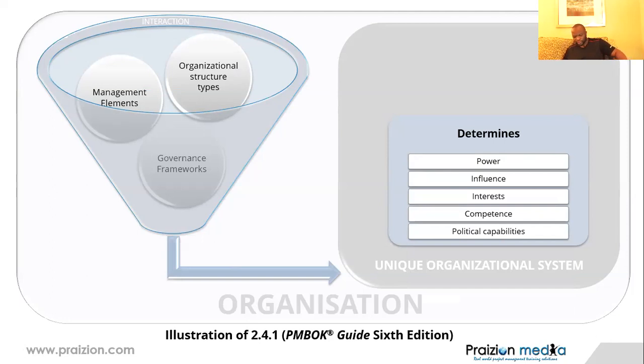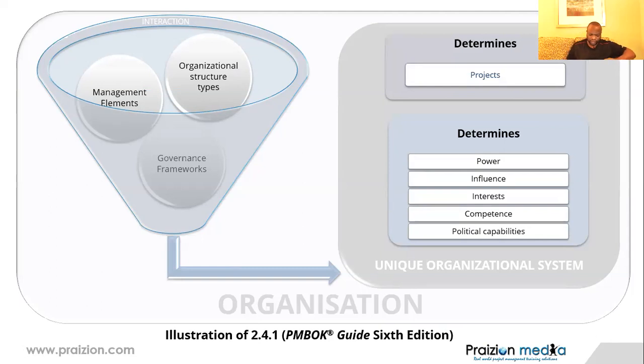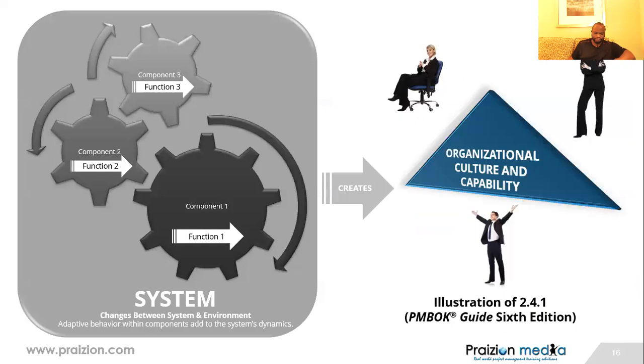All of these three elements, or three variables, I should call them, they will determine the project manager's power, influence, interest, competence, leadership, if you will. And of course, the projects. Everything runs on this system that is formed. Okay?